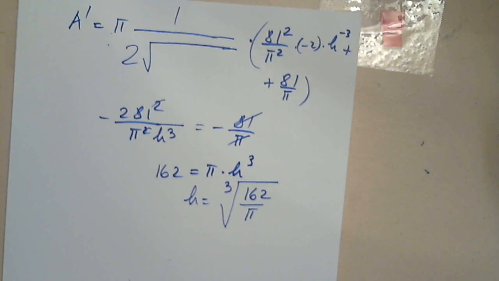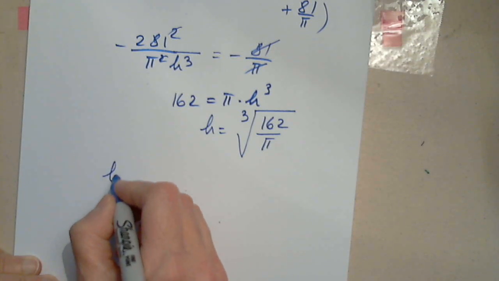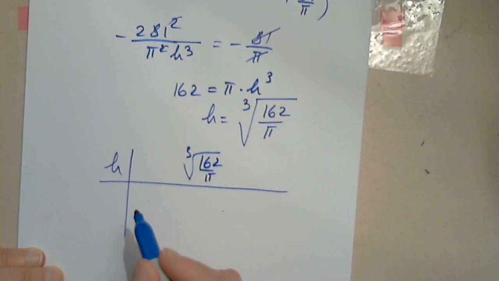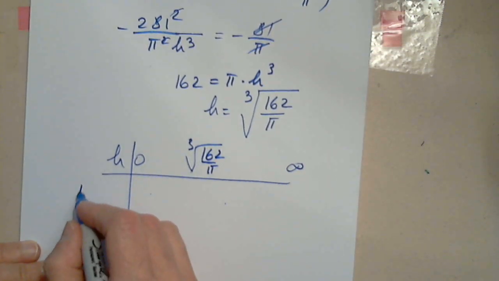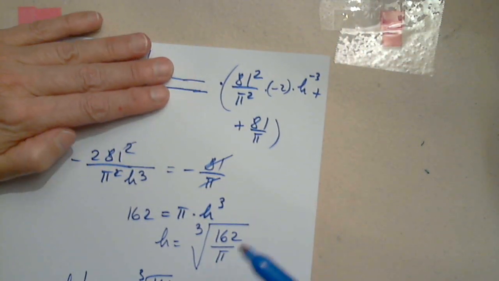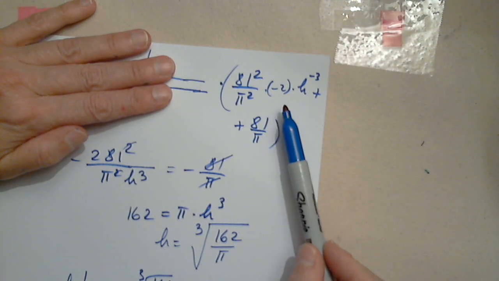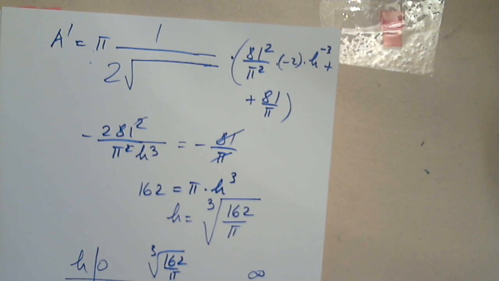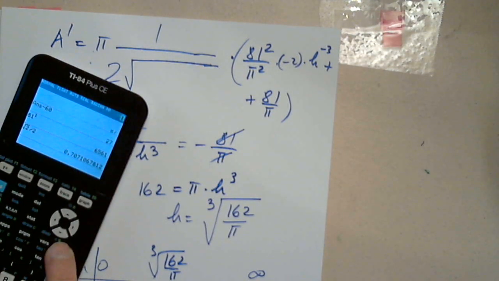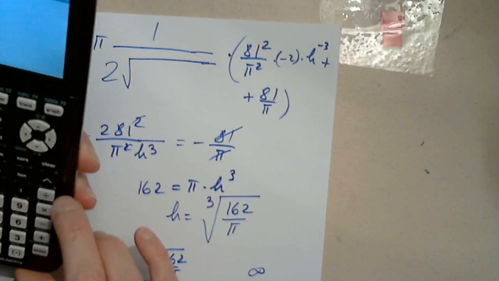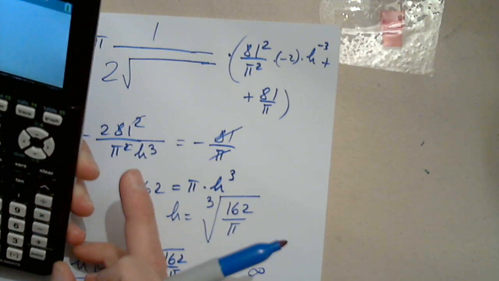Okay, if that's the case, then I have h, the cube root of 162 over pi, and a prime of h. Okay, this is always positive. When I plug in, I can't plug in 0 here. I just want to approximate this number. So 162 divided by pi, and everything to the power 1 divided by 3.